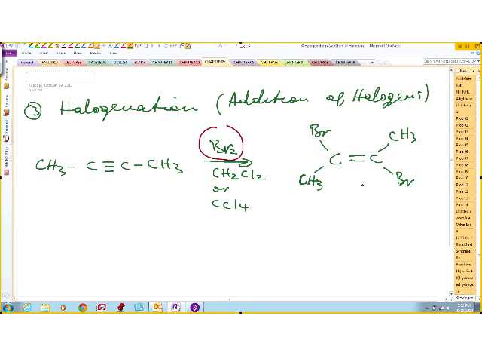Now, if you add another mole of bromine, then you get another addition, because at this point, this will be acting as a carbon-carbon double bond. So now you get a tetra-substituted compound. Now we have this.